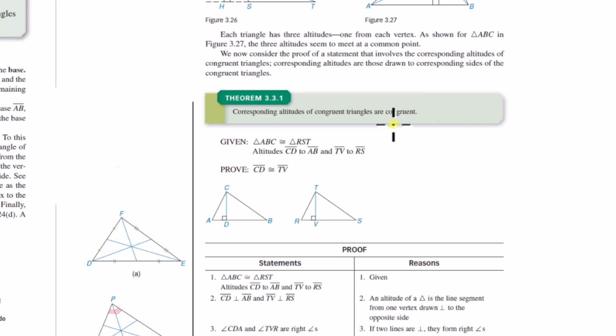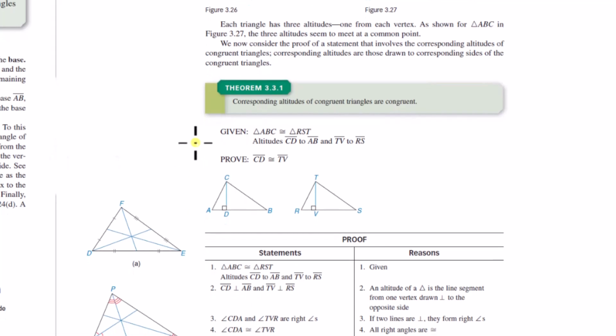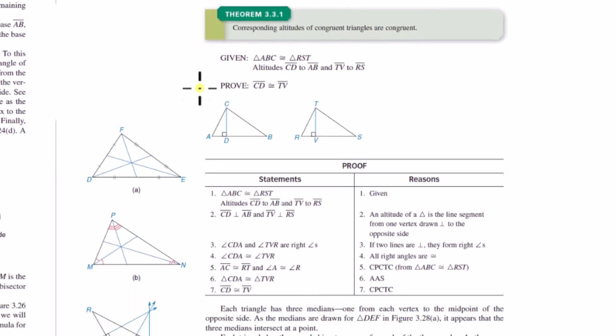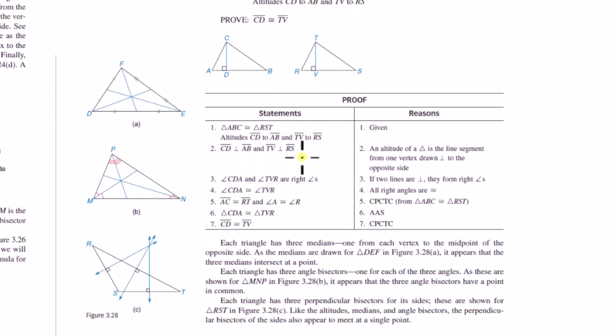Corresponding altitudes, corresponding medians, corresponding perpendicular bisectors, whatever. It's just oriented completely differently. A corresponding feature is just the feature that corresponds to that feature on the differently oriented triangle. It's the same thing, so they're congruent. But still, mathematically, they go through an official proof of this theorem here.